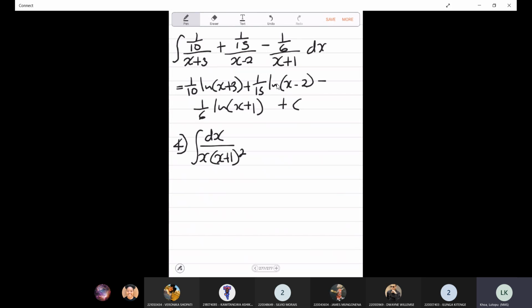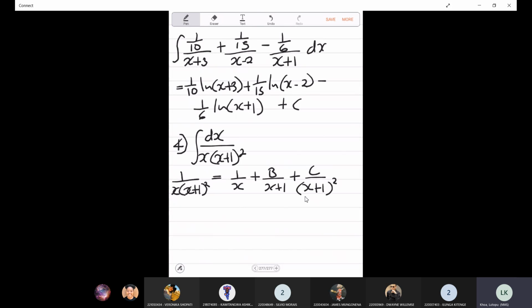So here we have linear factors, they are repeated. So for this 1 over x times x plus 1 squared, we say this is a over x plus b over x plus 1, and then c over x plus 1 squared.